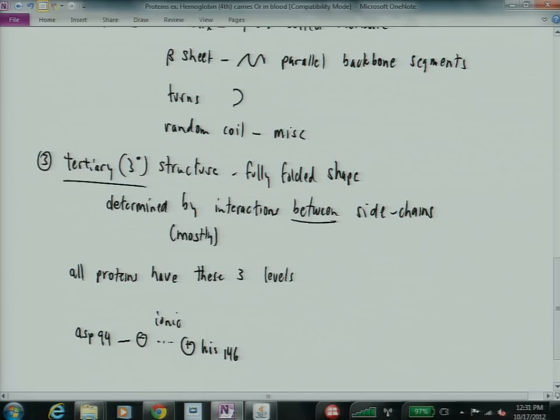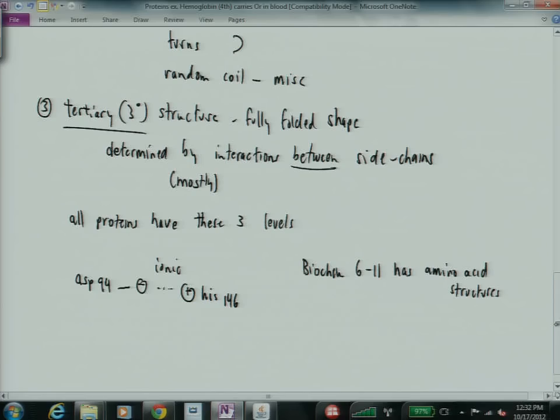Okay? So my question to you, and this is a thing to talk to your neighbor about, on page Biochem 6-11 has amino acid structures. What I want to know is another amino acid that could substitute for His 146.